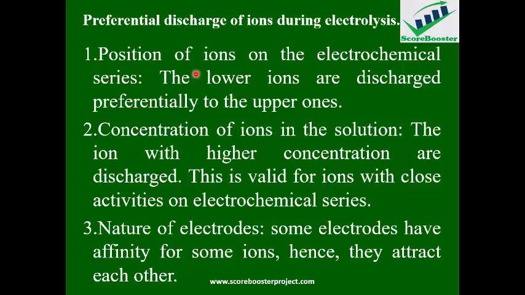The nature of the electrode matters just when you don't have an inert electrode. If there is any property of the electrode that is similar to the properties of the ions concerned, then those ions stick to each other because they love those electrodes. Like now, you have silver salt and you have a silver electrode. That means the silver will get discharged because its friend is the electrode.